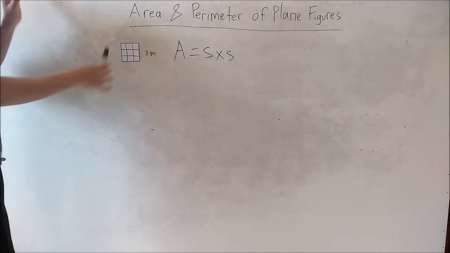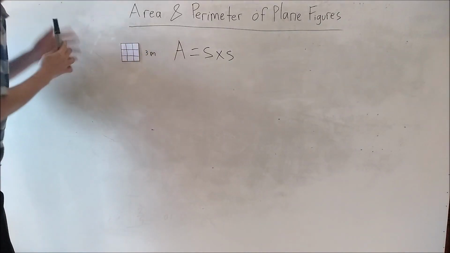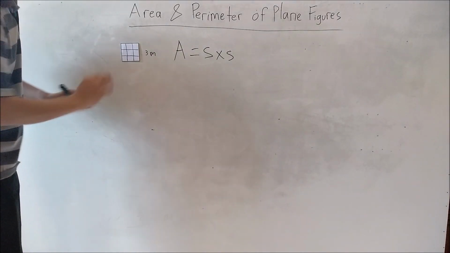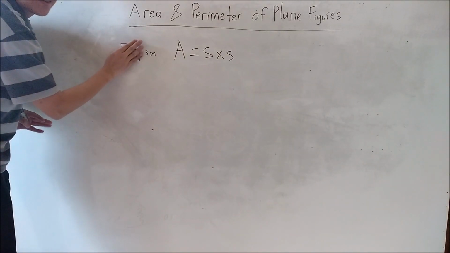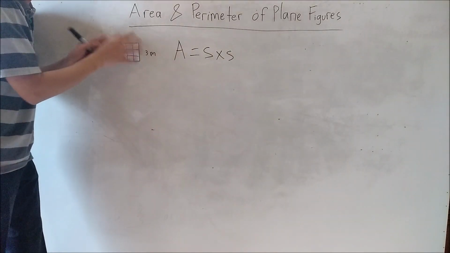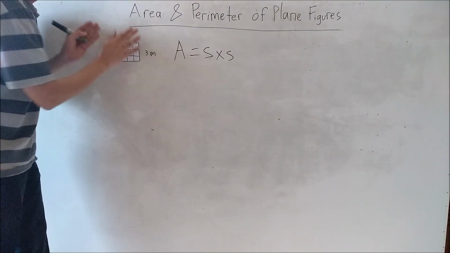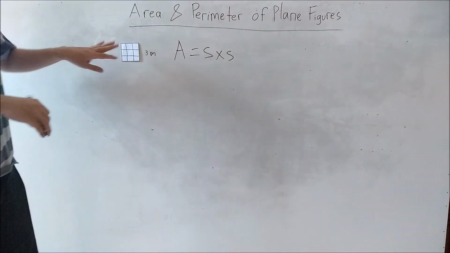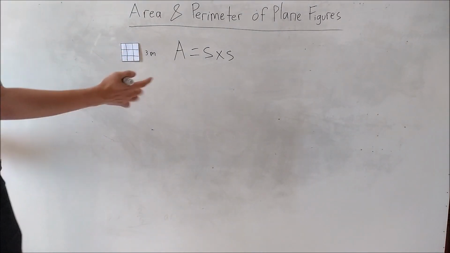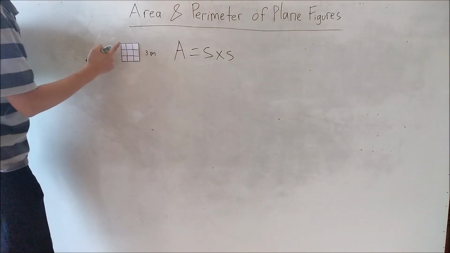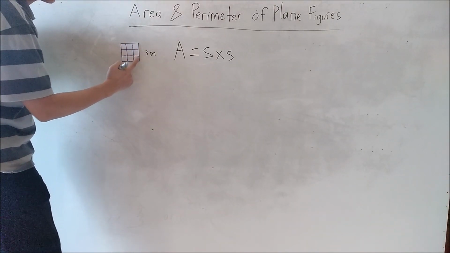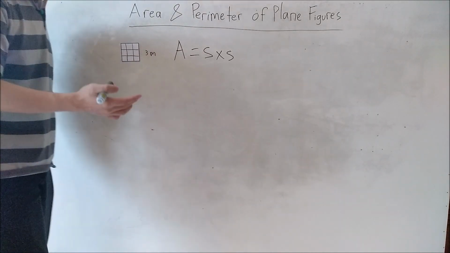When perimeter talks about the round of something or around a figure, area talks about all the stuff inside, how many things you can insert or put in this figure. So when we have this, we know that we can insert 1, 2, 3, 4, 5, 6, 7, 8, 9 boxes. But how do we get that 9?